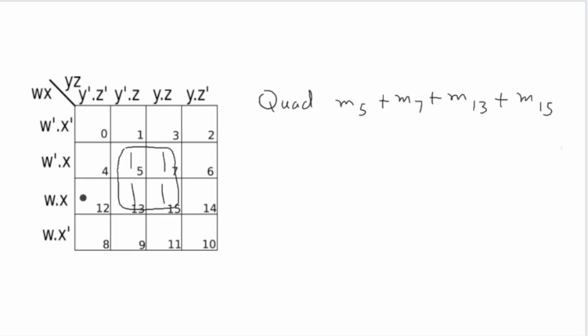So on the vertical axis, W is changing state, so W will be dropped, X will be retained, so we'll get an X over here. On the horizontal axis, Y is changing state, Z is not changing, so Z will be retained and Y will be dropped, so this will be X dot Z.